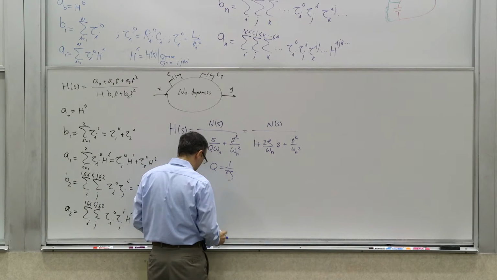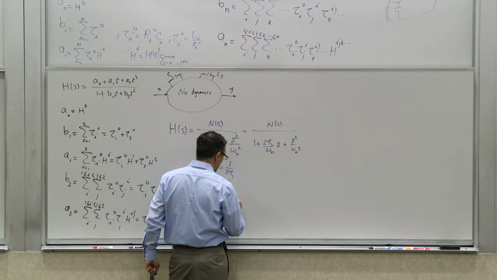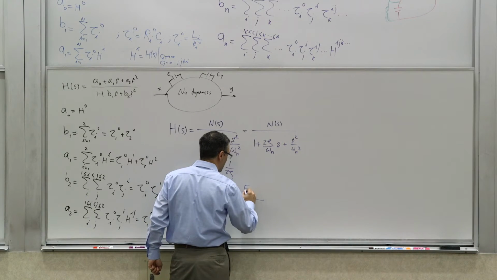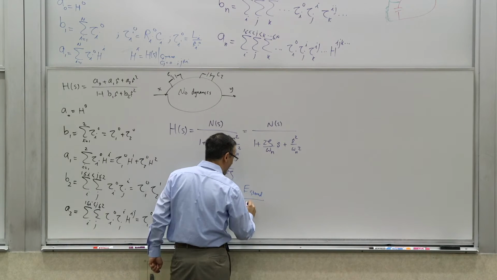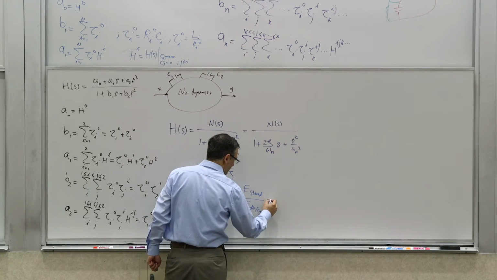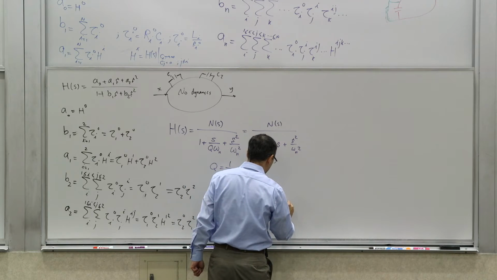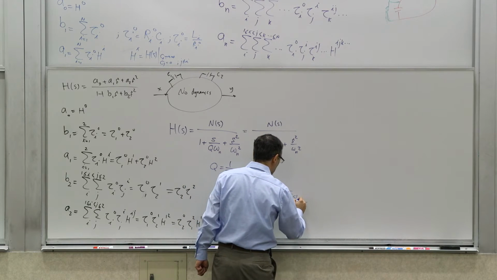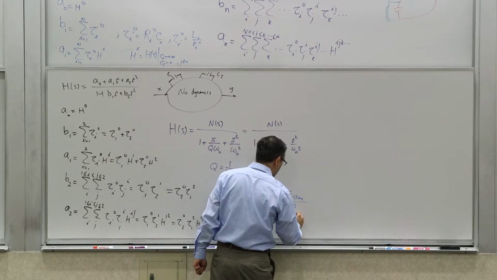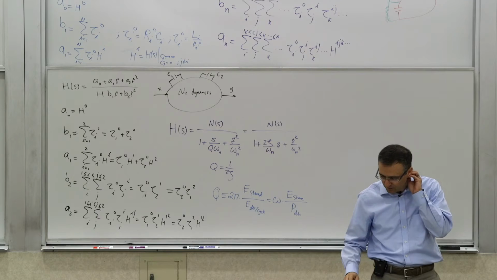So Q is defined as 2 pi times the ratio of the energy stored in the resonator divided by the energy dissipated per cycle, right? Which you can also reorder as omega, the natural frequency, times energy stored divided by the power dissipation. You can write it that way.